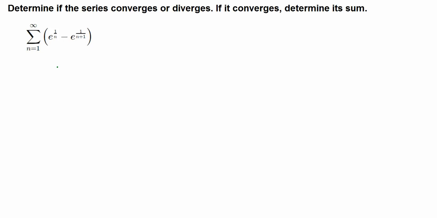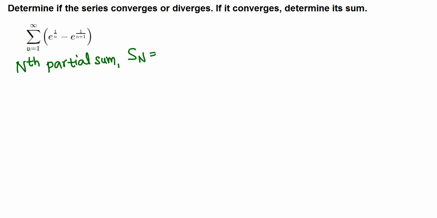So let's find the nth partial sum, and we take the limit of that nth partial sum. Lowercase n is already used, so let me use uppercase N. So we find the sum of the first uppercase N terms.